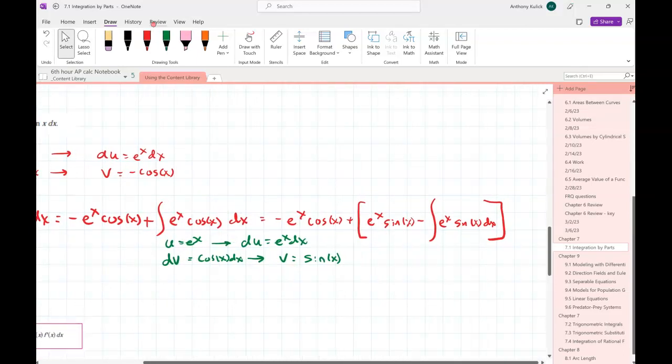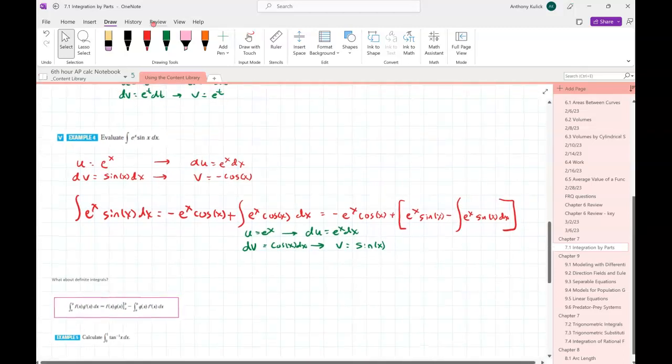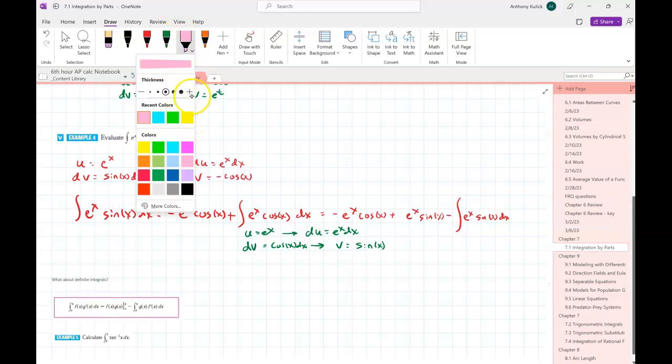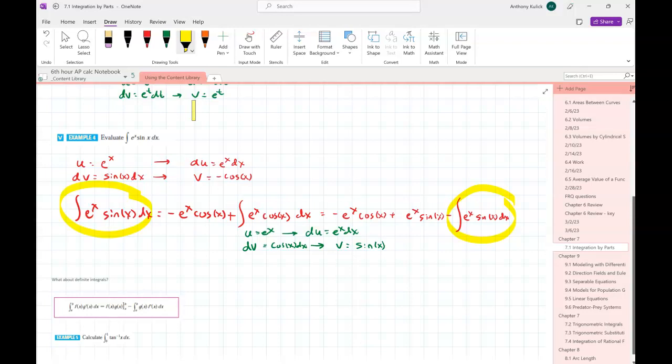And if you look, e to the x sine x dx, that was what we started with, right? So if I just grab my highlighter. So we have run into a circle, but it's okay.